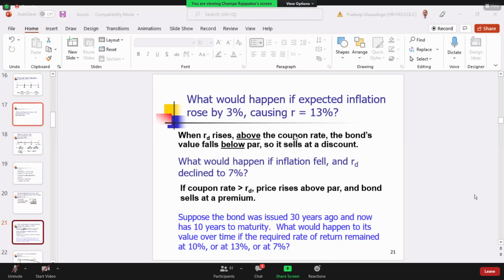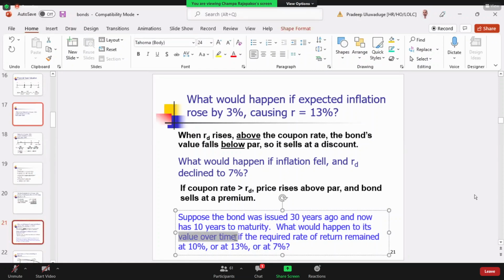Now it has only 10 years to maturity. That is, 20 years have passed. What would happen to its value over time?